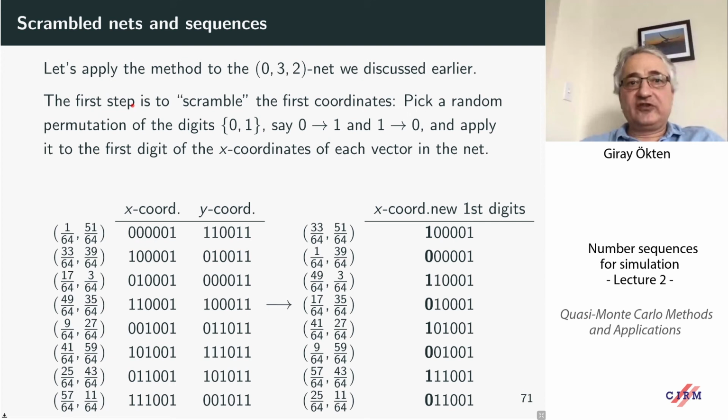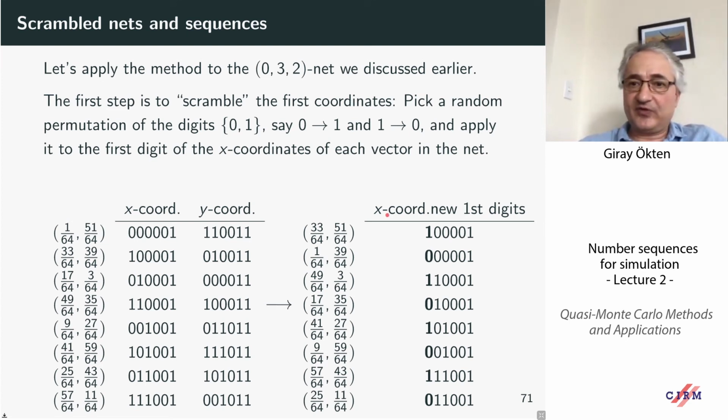The first step is to scramble the first coordinates. Take a random permutation of the digits 0, 1. Say we pick a permutation that sends 0 to 1, 1 to 0. Apply it to the first digit of the coordinates of each vector in the net. So, for example, the x-coordinate of this vector, 1/64, the first digit is 0.